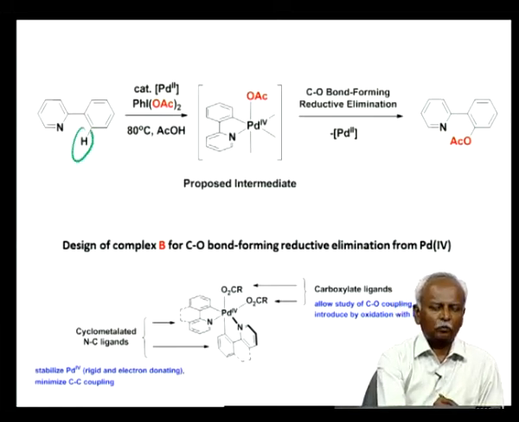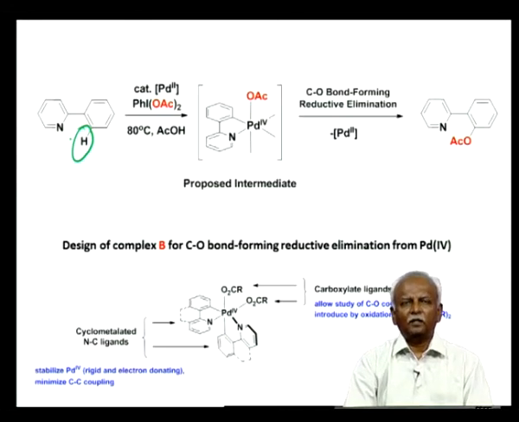It forms a bond with palladium, and one of the acetate groups leaves with the hydrogen which is present on the arene, so much so that you have a palladium carbon bonded product.